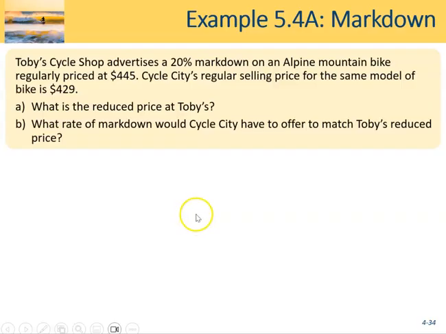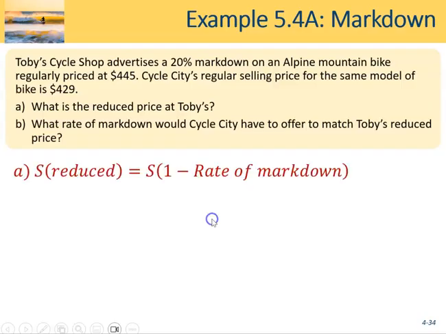So remember, it's the same formula. The reduced selling price equals your selling price, which is your original or regular selling price, multiplied by 1 minus the discount percentage or the markdown percentage, which is the 20%.